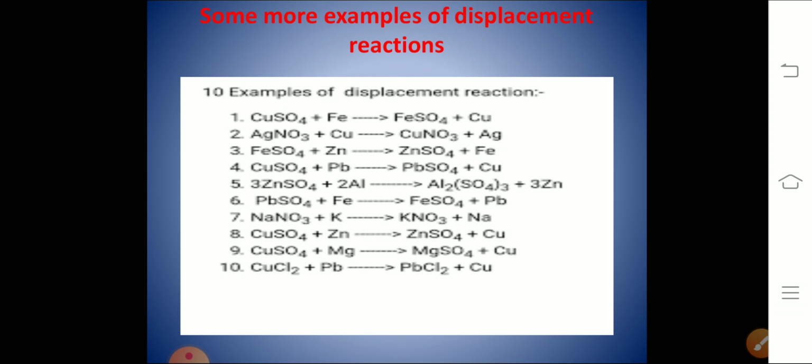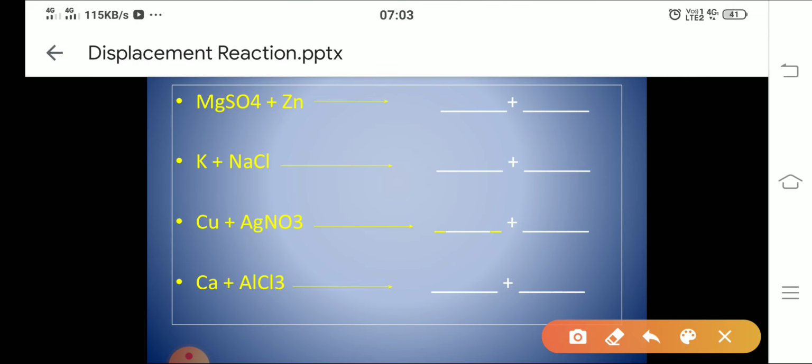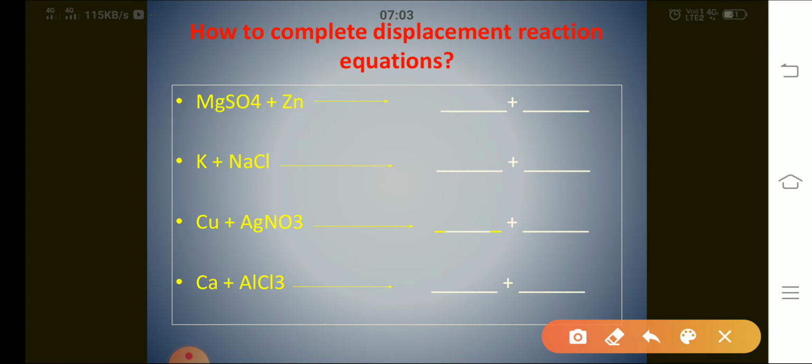So these are only some of the examples which I have given. There are so many examples of displacement reaction. Now let us understand how to complete a displacement reaction when you are asked to complete one. First tell me, is Mg more reactive than zinc or not?